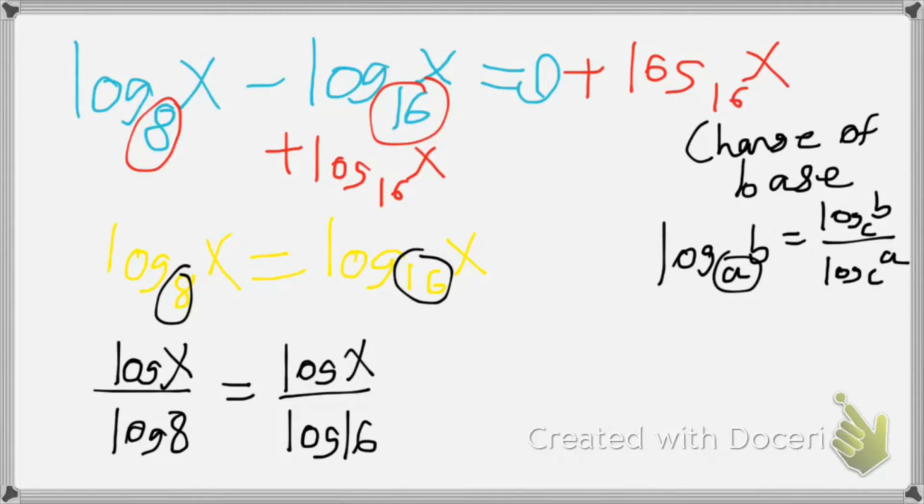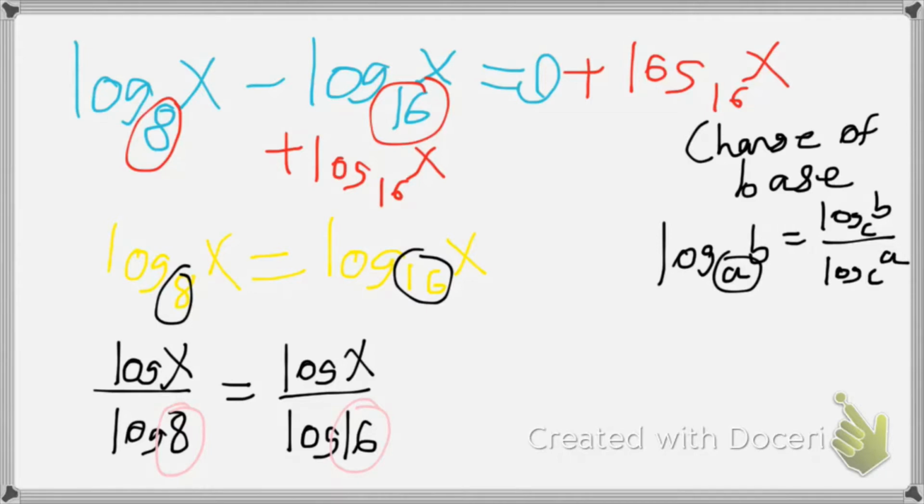Now you can see a commonality between the 8 and the 16. They can be divided by 2, and whenever you can, you can write them with the base 2 as an exponent.